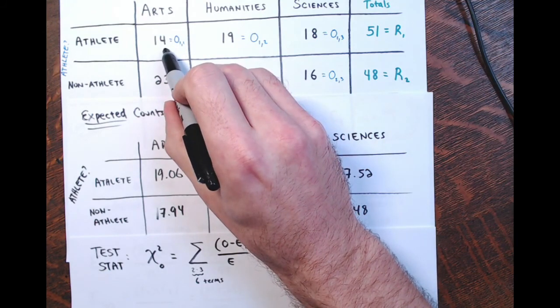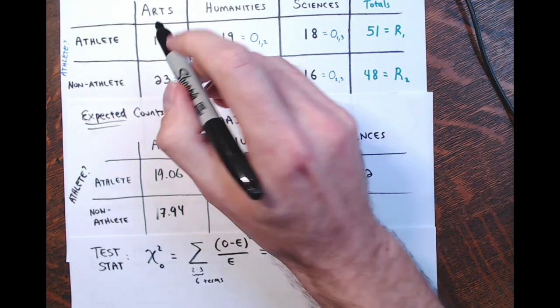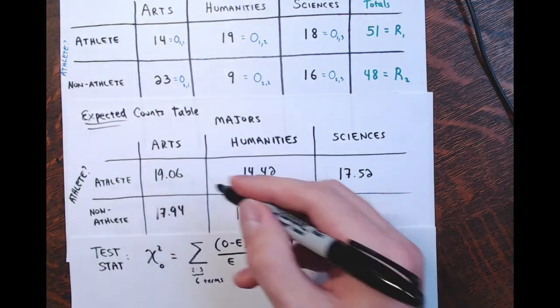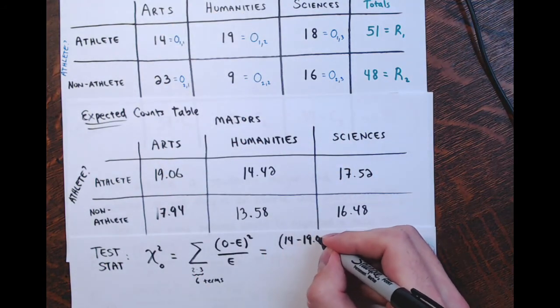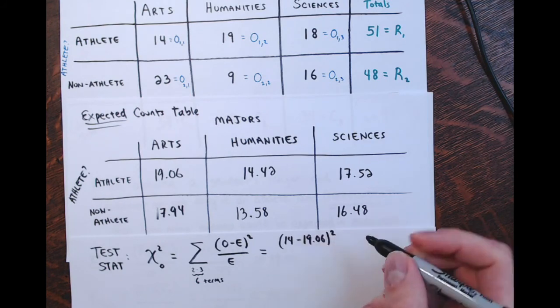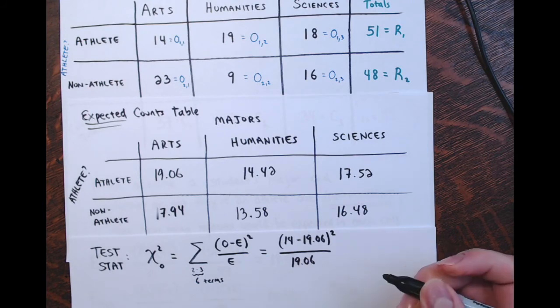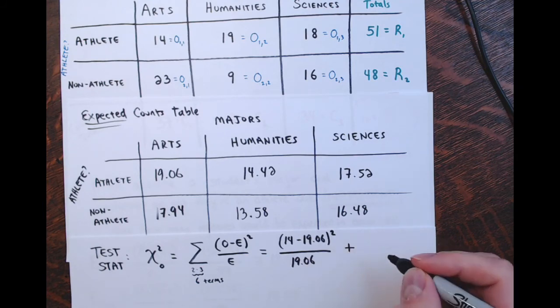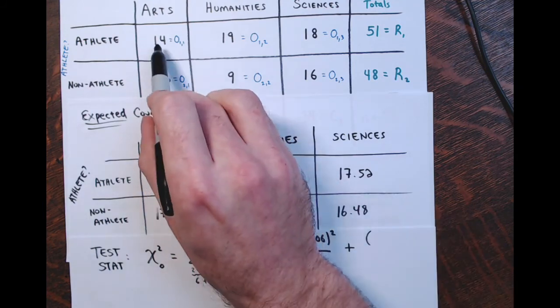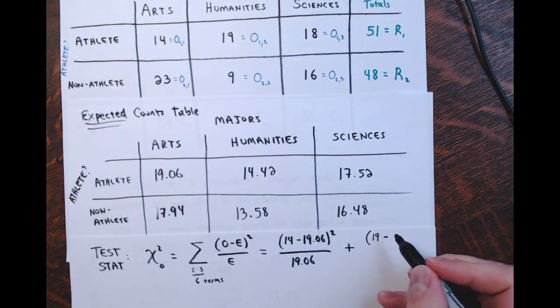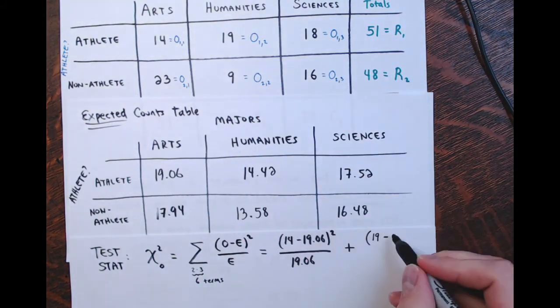So for the first row, first column, the observed count was 14 minus the expected count was 19.06, and then that's going to be squared and then divided by the expected count, plus, and then I do it for the first row, second column. The observed count was 19. The expected count was 14.42.